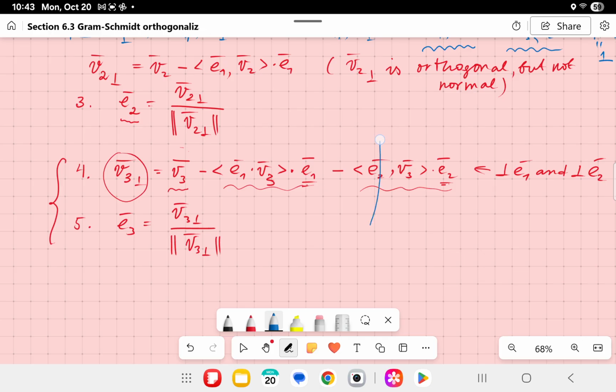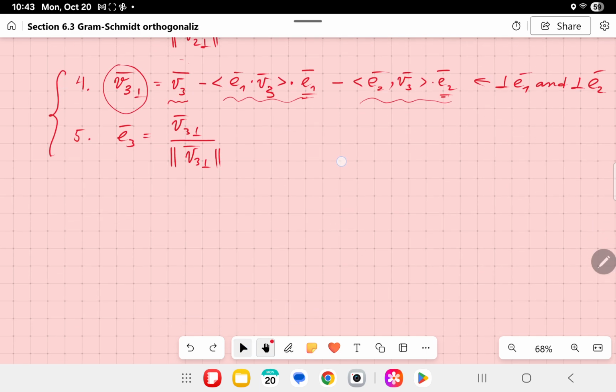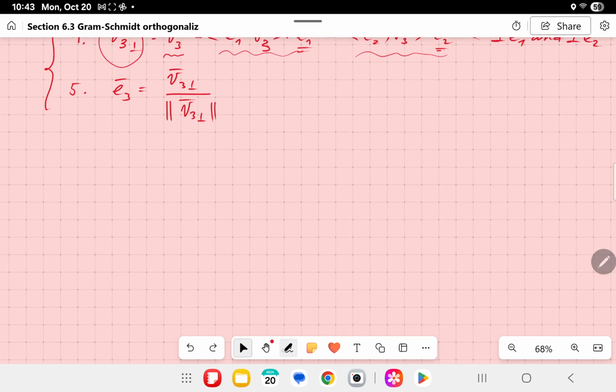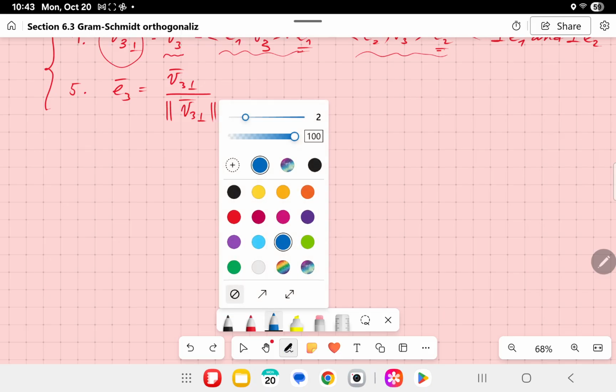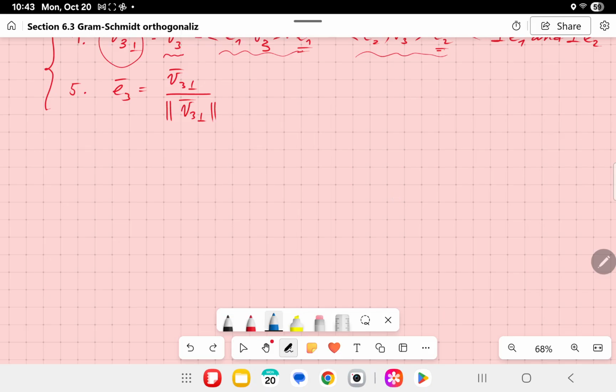So, sorry guys, how do I erase it? Okay, so let's move it up and consider an example of how to do orthogonalization of some bases. I'm going to consider example 6, and I'm going to use two vectors.